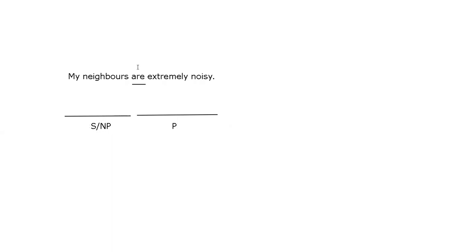Next, oh, I forgot to add here, and we should be adding this. We had decided that the verb to be is a linking verb. Okay. Now, within my neighbors, if we believe this is a noun phrase, we are saying that there is a head, that there is a word which is being expanded. I think we all agree that that word is the head noun, neighbors.